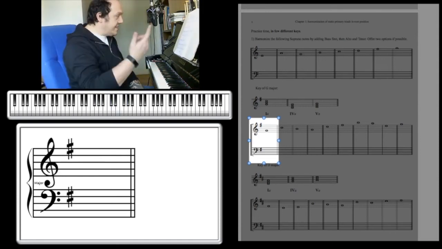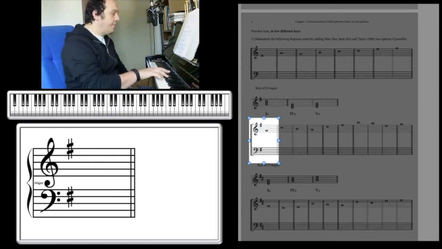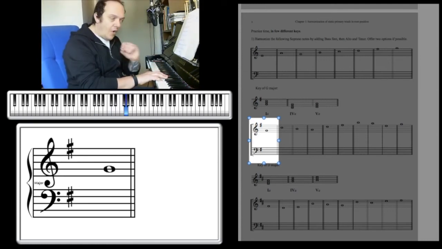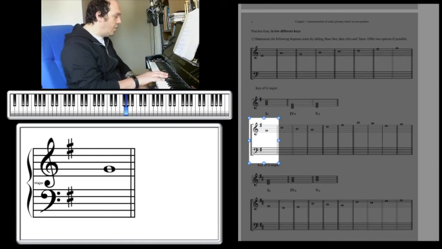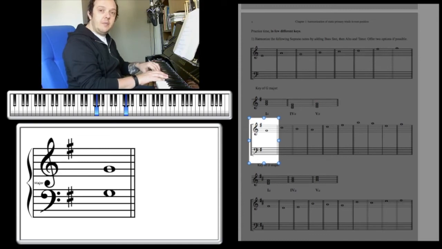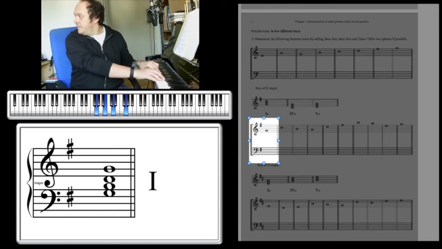Once that's clear in your mind, then you voice the chord, you arrange the chord. So let's have it simple. Let's have a G in the bass, and there you go. I double the root, and the tenor is gonna have the third, and the alto is gonna have the fifth.